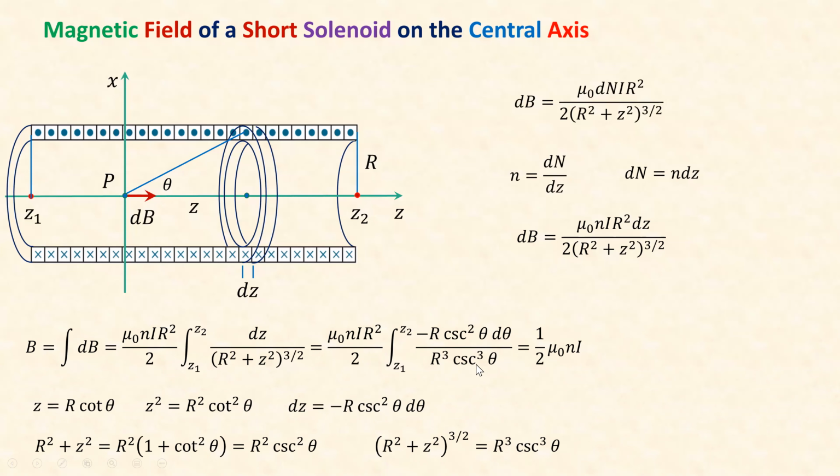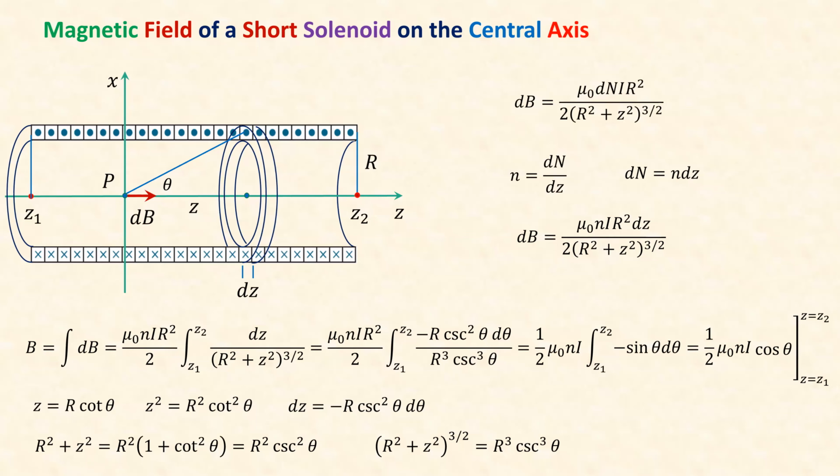Two of the cosecants cancel, and one cosecant remains in the denominator, with a negative sign. One over cosecant becomes sine, so it becomes negative sine theta d theta. The integral of negative sine, you know, is cosine. So it becomes one half mu naught n i cosine theta evaluated between z1 and z2.